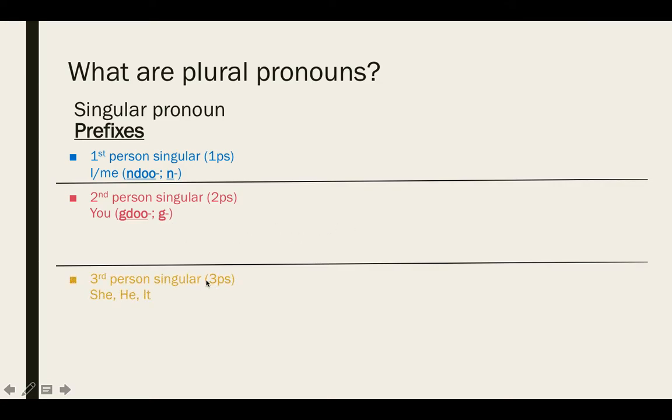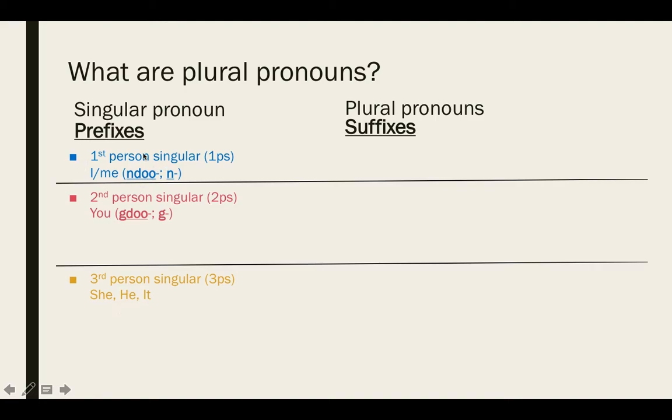Third person singular doesn't have any prefix, so you would just have the verb on its own pretty much. Except for the VTI ones, you'd extend their an ending to a double an ending for all three of these inflections. So now the plural suffixes that go along with each of these prefixes.